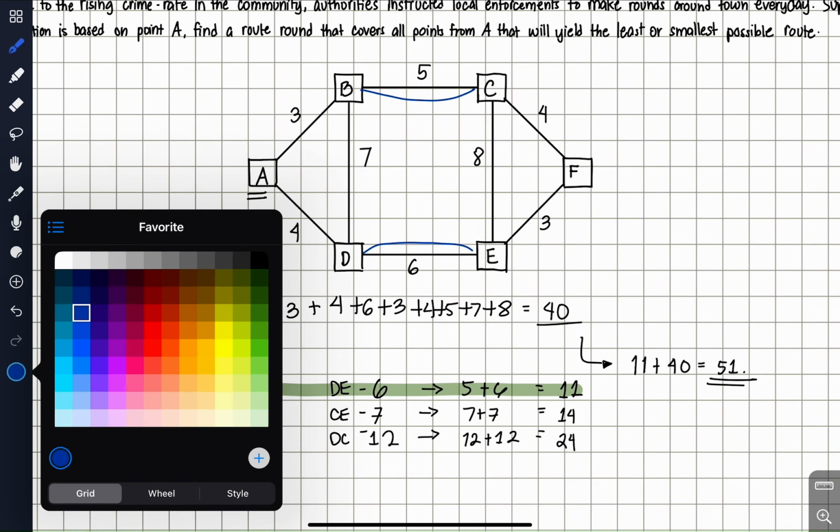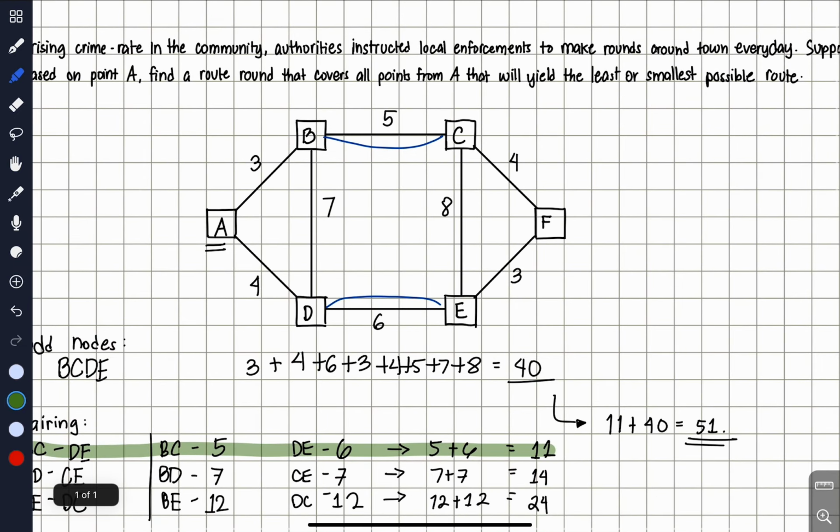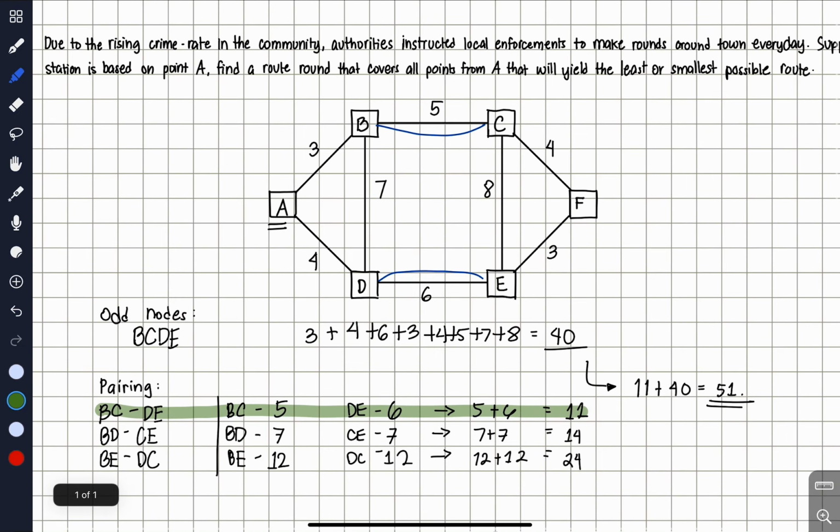So let's start. Note that with our objective we have to visit all the vertices present in the figure. So after being able to visit them, we should return back to our original point, which is A. So we'll start off in A and also end up in A. So let's start.